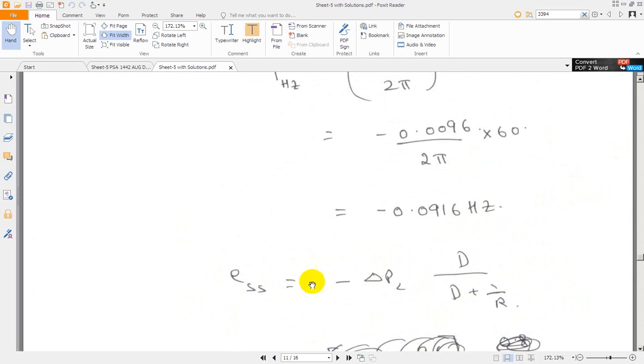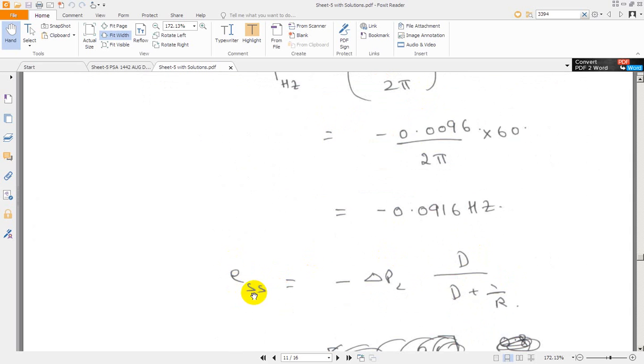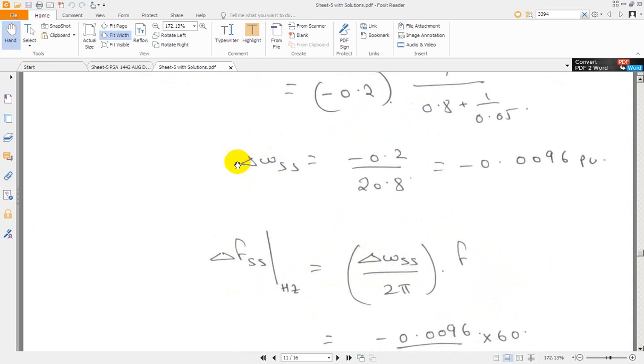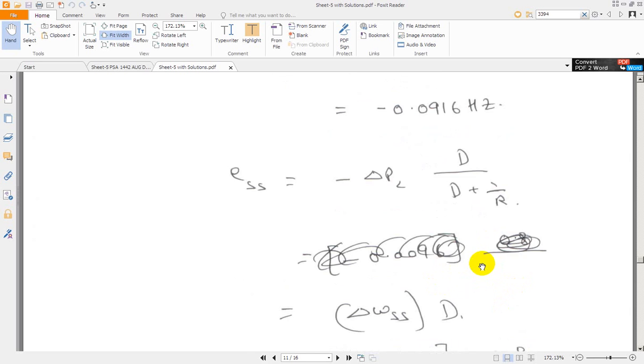Then the steady state error ESS is equal to minus delta PL times D divided by D plus 1 by R. Compare these two values. If you multiply by D, it will become the steady state error. It means minus delta PL divided by D plus 1 by R is delta omega SS, so ESS is delta omega SS into D. D value is already given.